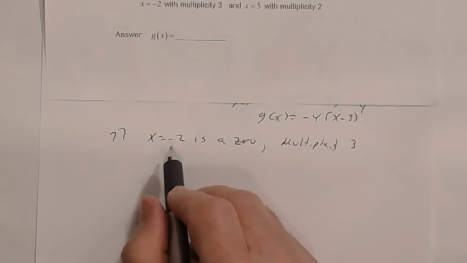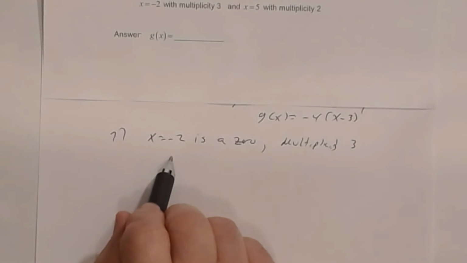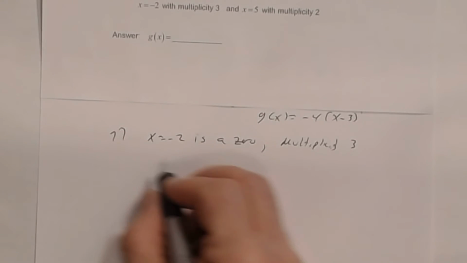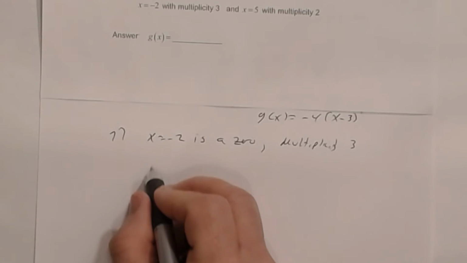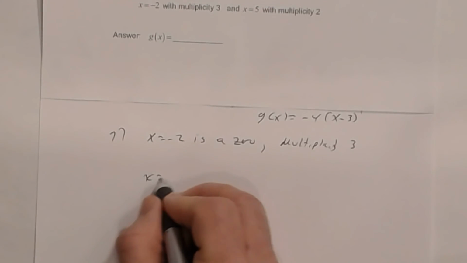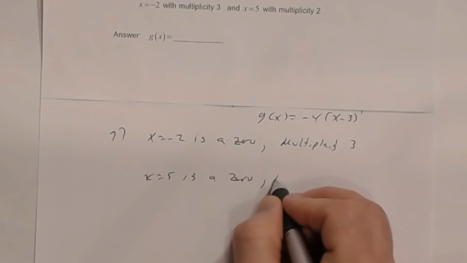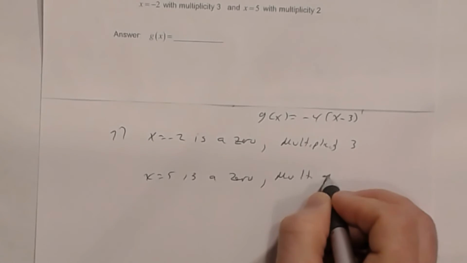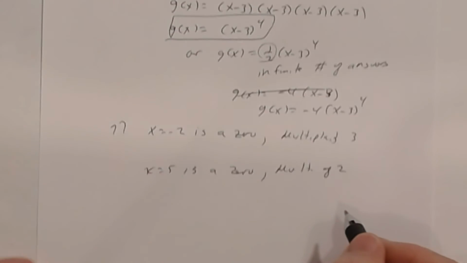So x equal -2 occurs 3 times as a 0. And then I'm going to go ahead and leave some space here. So the other one is x equal 5 is a 0. And it has multiplicity of 2, okay?